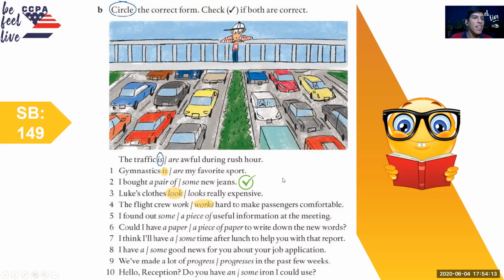Thank you, Sebas. Let's have now Lucero for number five. I found out some useful information at the meetings, and I think it also can be a piece of useful information. And that's correct. Both options are possible in this case.